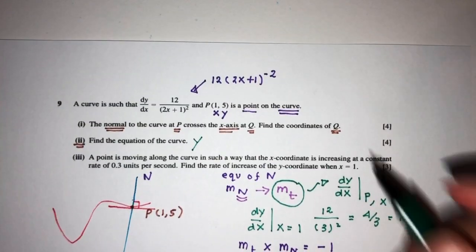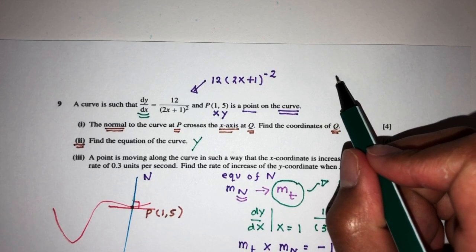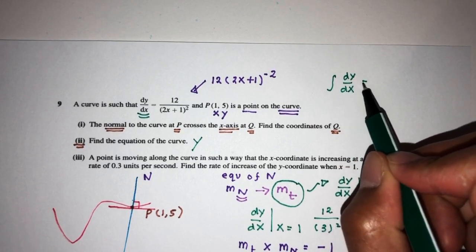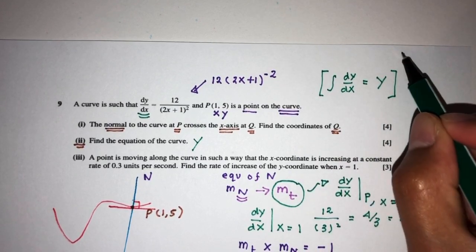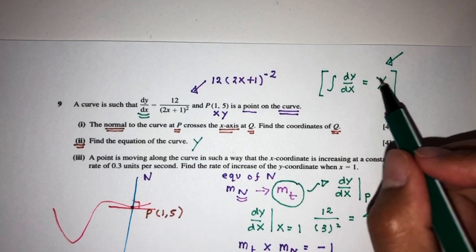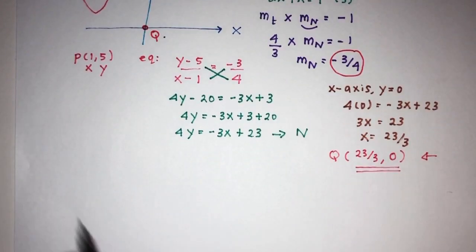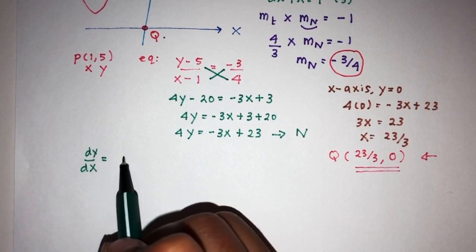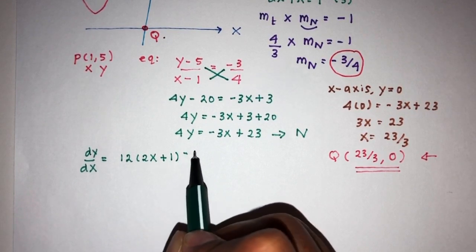We have to know something: we are given dy by dx, so we have to integrate dy by dx to find the value of y. That's the main thing we have to know here. You can just memorize this if you want to. To find y from dy by dx, we apply integration. So dy by dx was given by this equation, 12 (2x plus 1) to the power minus 2.